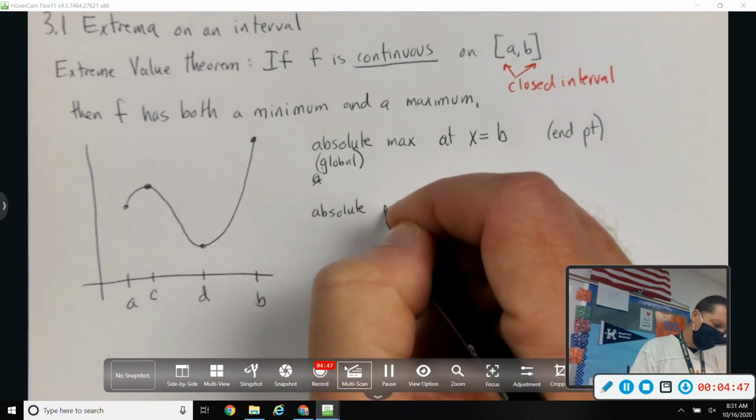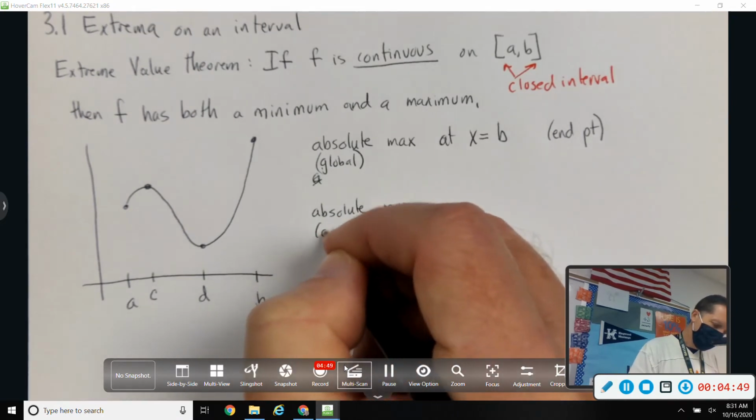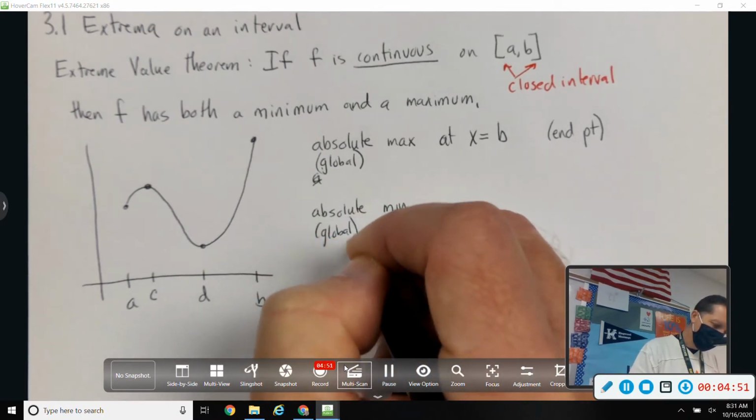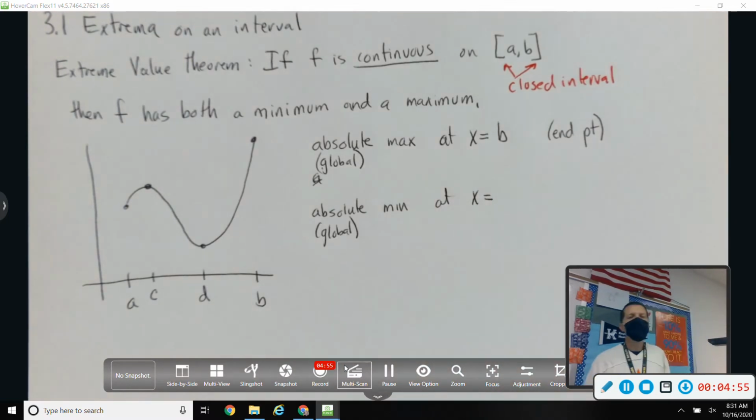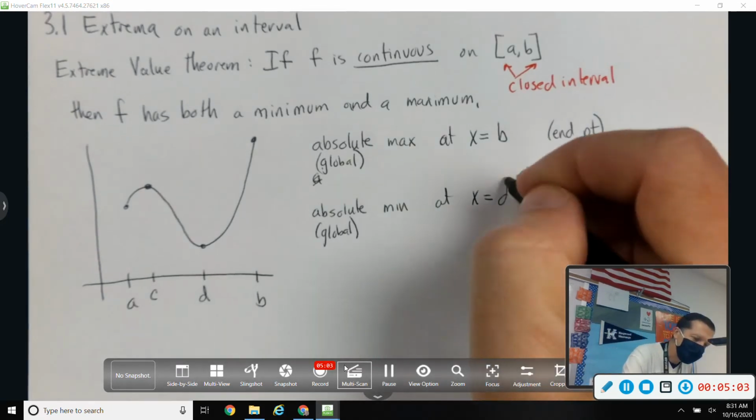It has an absolute min, or global min, minimum, at, where's the minimum at? d, at x equals d.